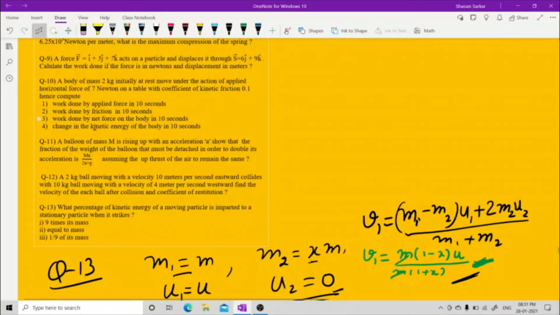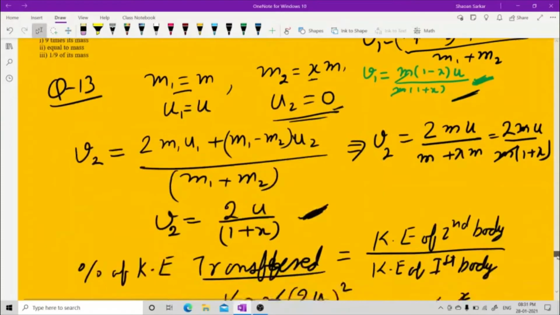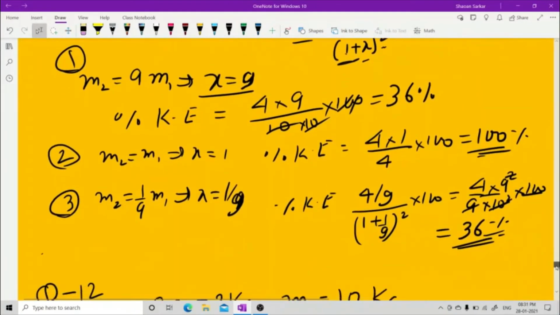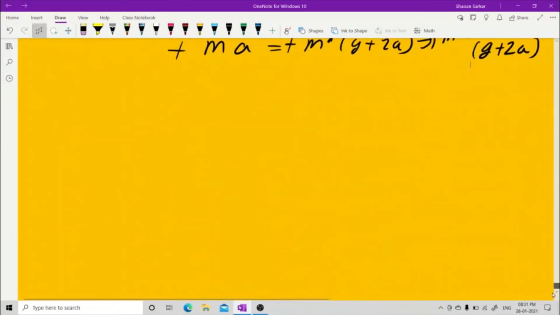Let us do this question. Let us write down what all is given. 2 kg mass at rest, so the initial velocity is 0, and it is under 7 Newton force.